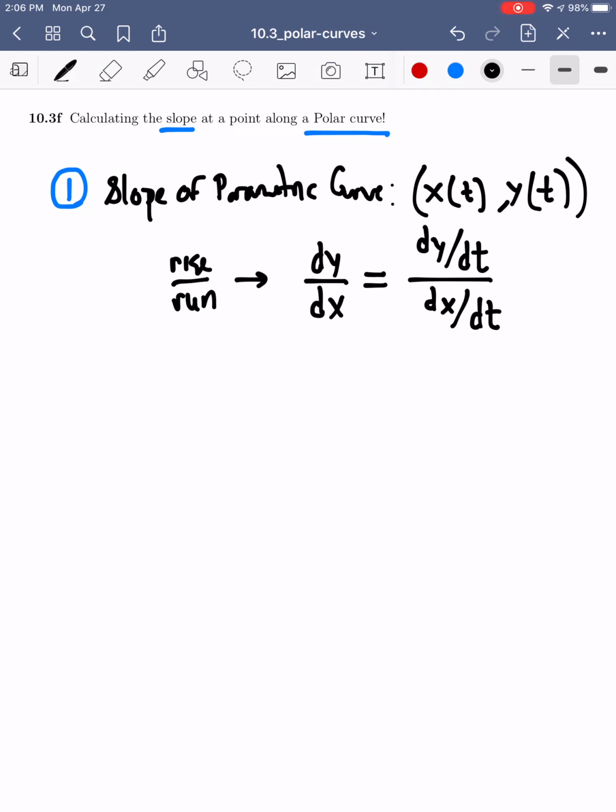And the reason I bring this up is, even though this is the slope of a parametric curve, we're going to extend the idea of our parameterized curve to our polar curve. So the second thing we'll do is parameterize our polar curve.